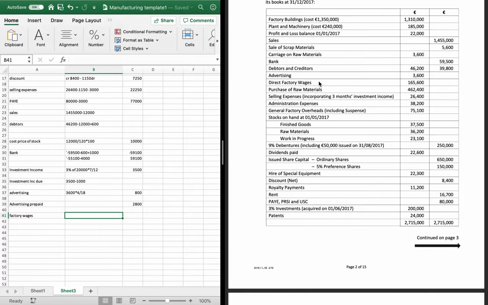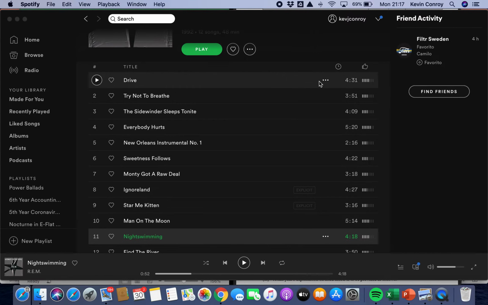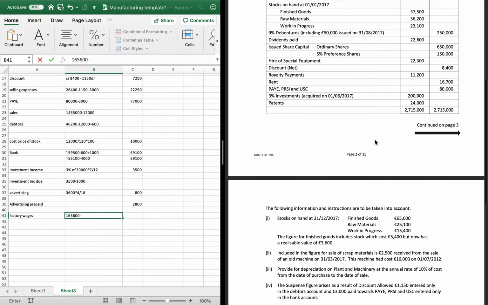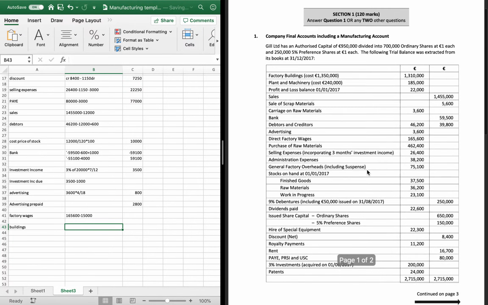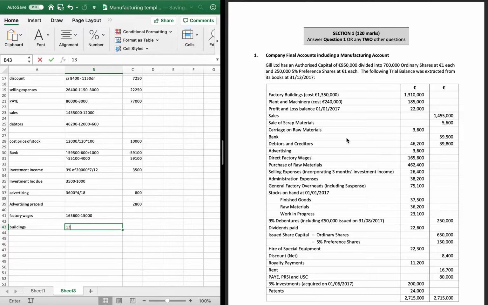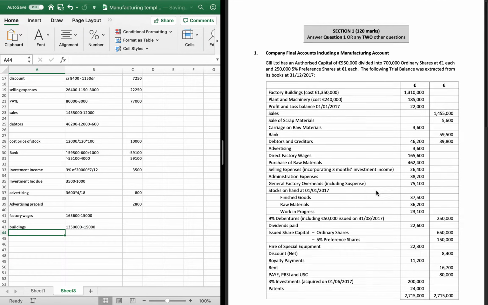Direct factory wages 165,600, and we're going to take out the 15,000. Now that 15,000 doesn't come out of there. It has to be included in buildings as well. So buildings at cost were 1,350. We can add on another 15,000.